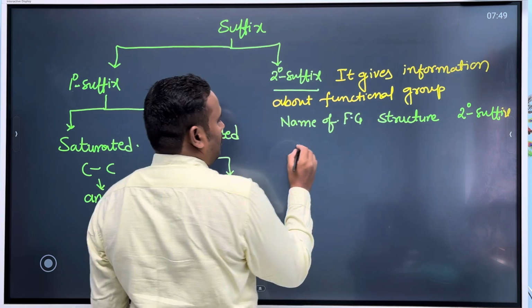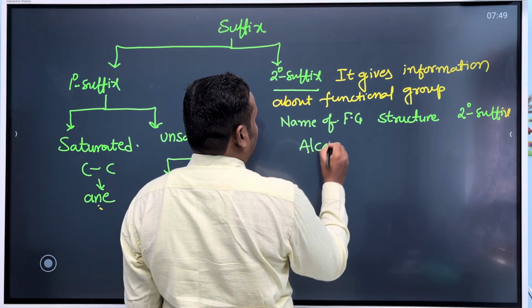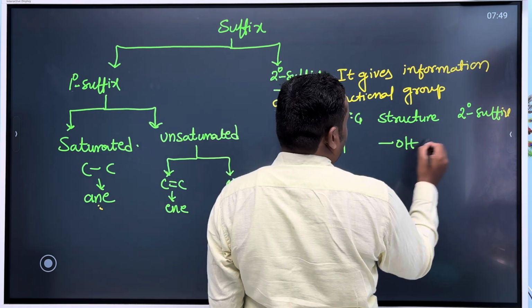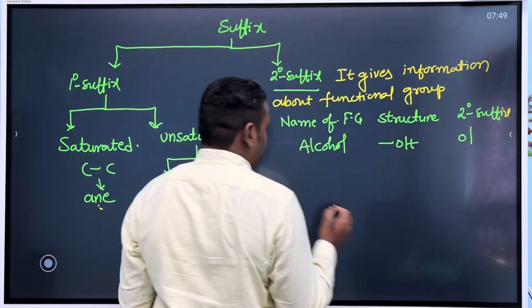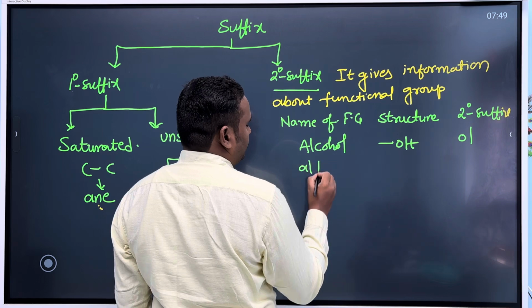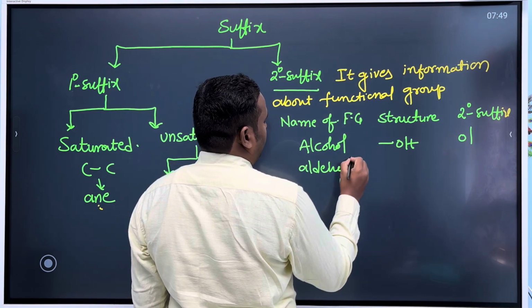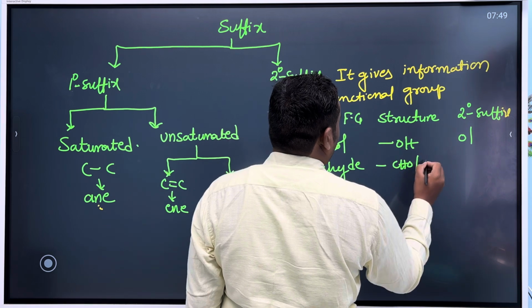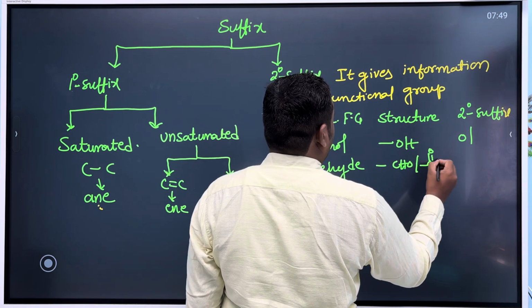For example, alcohol. What is the structure of alcohol? OH. Secondary suffix is ol. Aldehyde: CHO or C double bond OH.